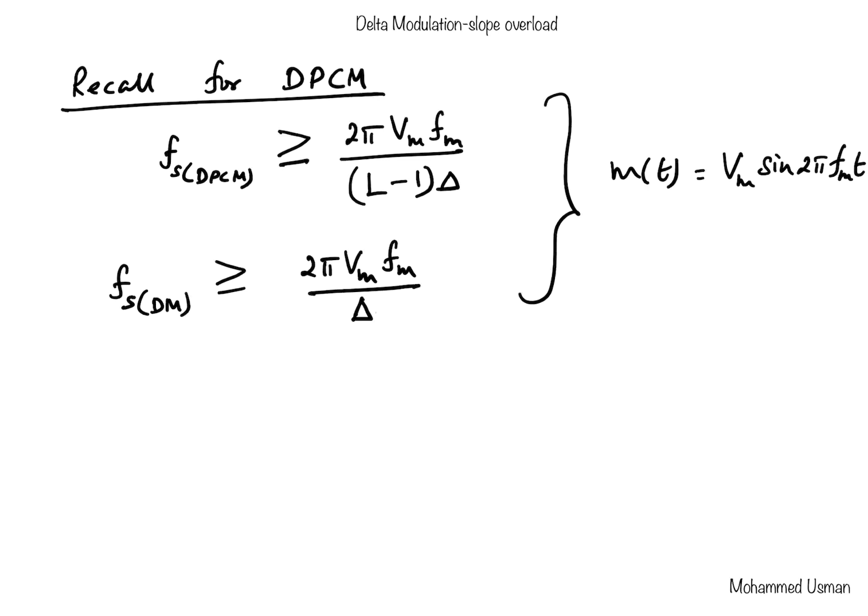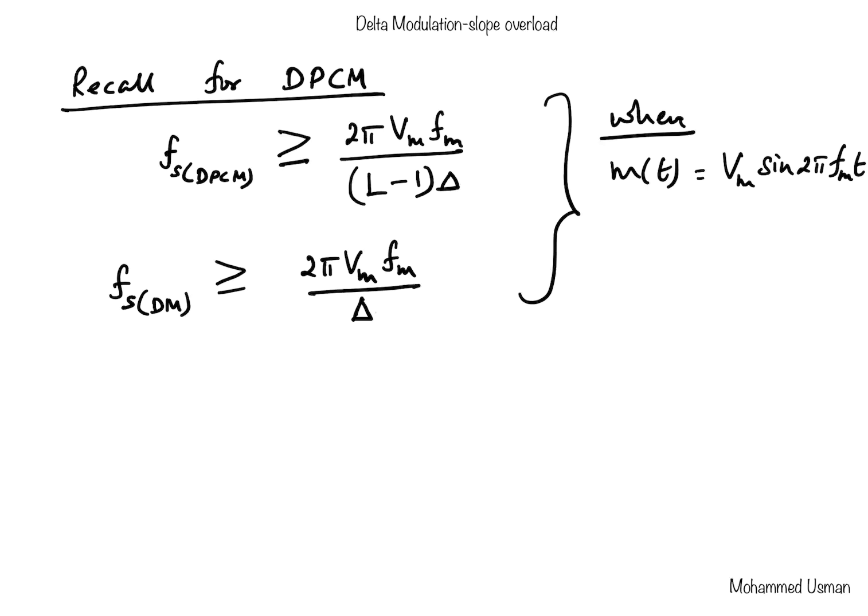It could also be cosine. Even if it is cosine, we'll get the same answer, because when you differentiate the cosine and take its peak magnitude, you will get the same 2 pi Vm Fm. So this condition applies when the input signal m of t is a simple single tone sinusoidal signal. Single tone means it has only a single frequency component, which is Fm.